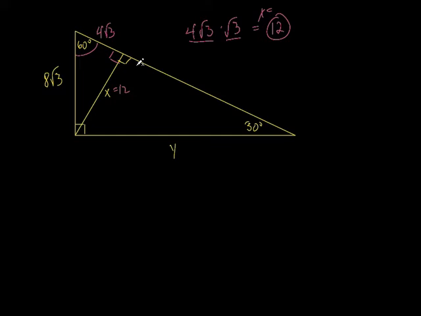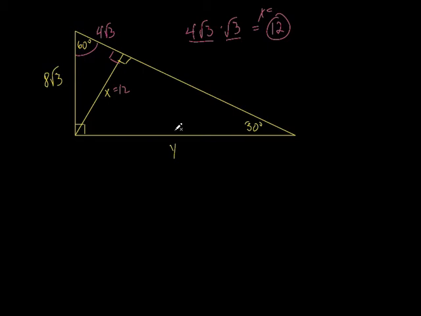Then you don't want to. Well, actually, since it came out to 12, it might come out to an exact answer. But what if it asks you for the short side? If I use sine, cosine, tangent, you wouldn't get this, would you? You would get a decimal approximation. The way I did it was easy, and I didn't even need a calculator. If you were going to use sine, cosine, tangent, you would need a calculator, wouldn't you?